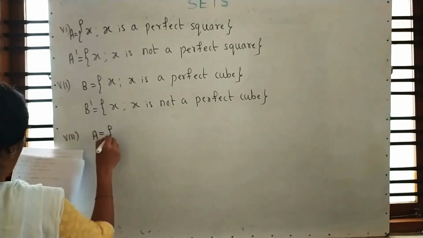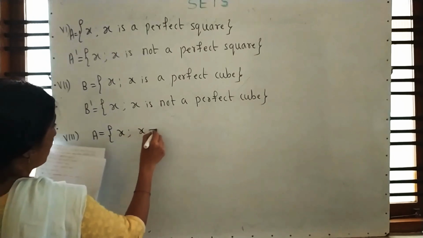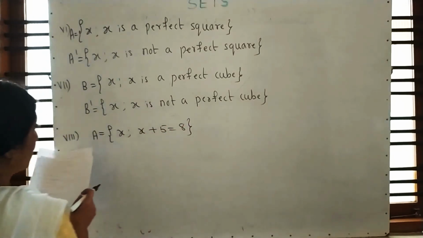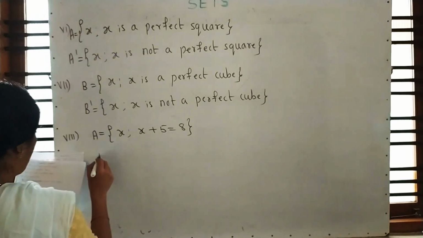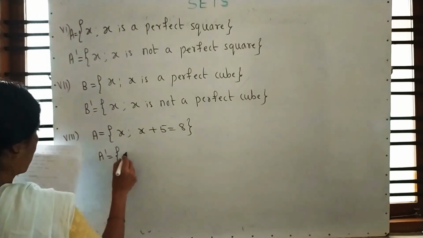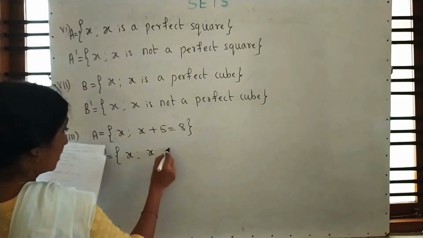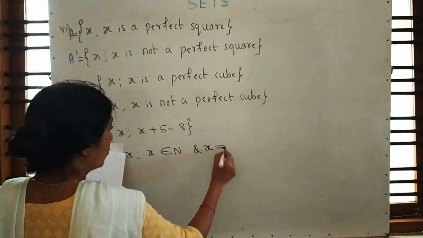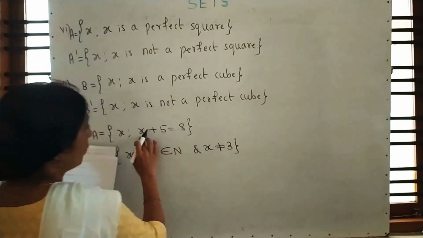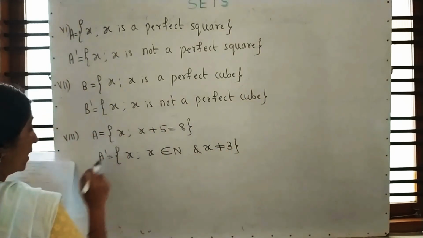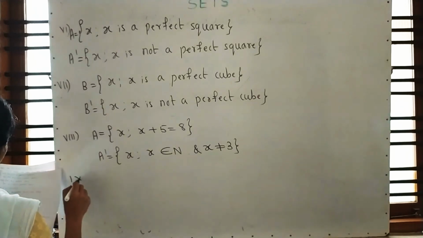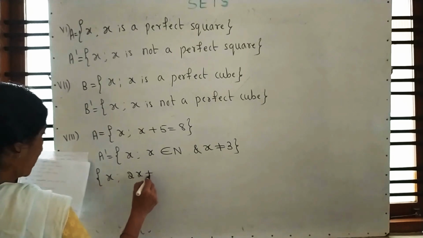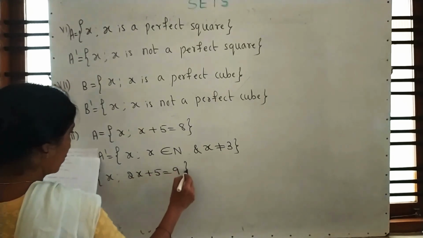I'm taking A only. x is such that x plus 5 is equal to 8. That means x is equal to 3 is given, and its complement is what? x is such that x belongs to natural numbers and x is not equal to 3. Why? Because when you solve this, it gives you x value as 3. Next question. x is such that 2x plus 5 is equal to 9.